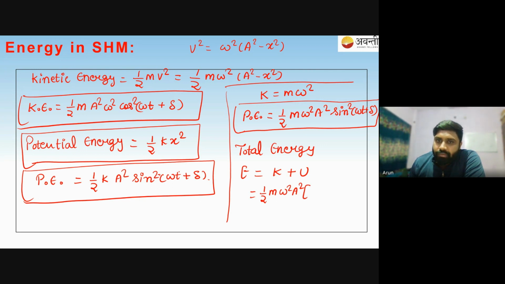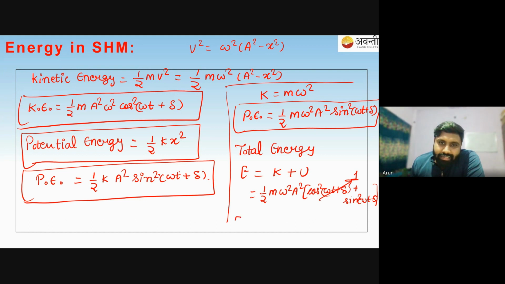And this is nothing but cos square omega t plus delta plus sin square omega t plus delta. And this is nothing but the identity. The value of cos square theta plus sin square theta is 1.